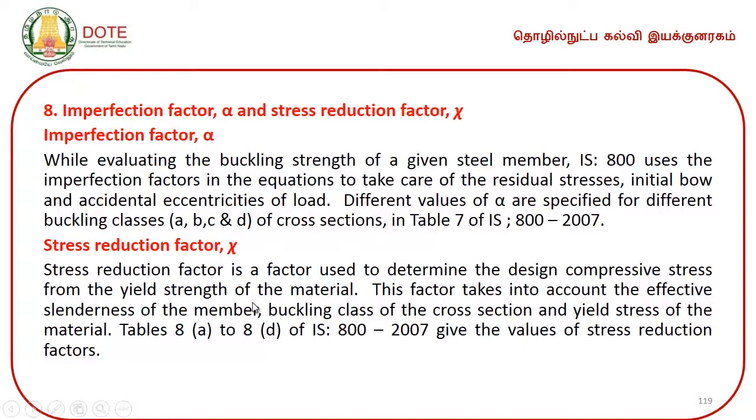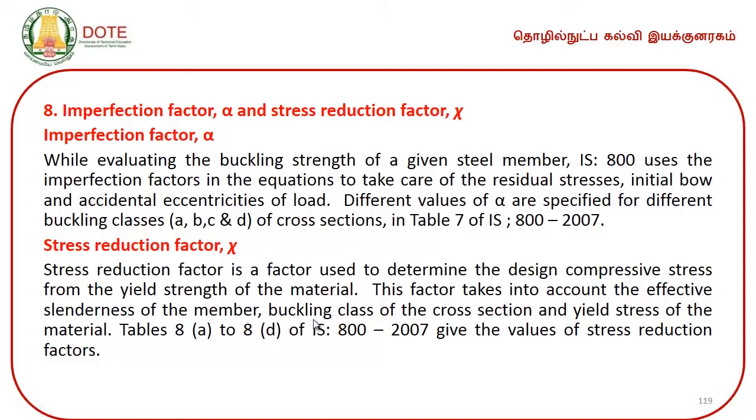And again there are 2 factors, one is the imperfection factor. This imperfection factor will take care of all these deviations, that is residual stresses, initial bow, accidental eccentricities of the load, and the stress reduction factor chi is used to determine the design compressive stress from the yield strength of the material.